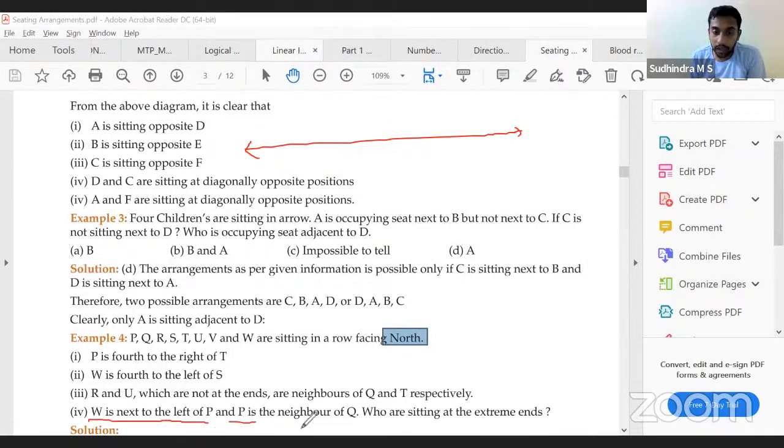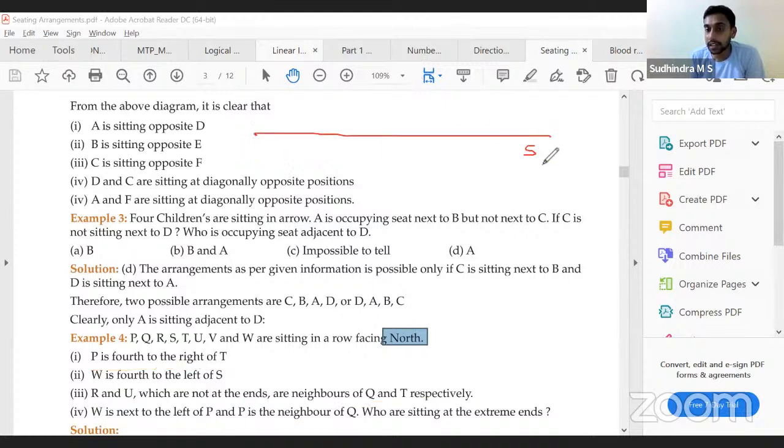W is next to P, and P is the neighbor of Q, who are sitting at the extremes. R and U are not at the ends, neighbors of Q and T. W is fourth to the left of S, P is fourth to the right of T. Right now, obviously W should be on this side, because left of S. So we have to keep S at the right end, so that W will be 1, 2, 3, 4, W will be here.